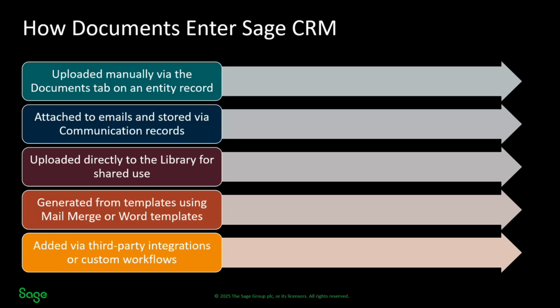We've also seen how we can generate a document by use of a mail merge, and another thing that we've not looked at but is possible to do, which is to add documents through third-party integrations and custom workflows. But these are all the different ways in which a document can get added into Sage CRM as well.